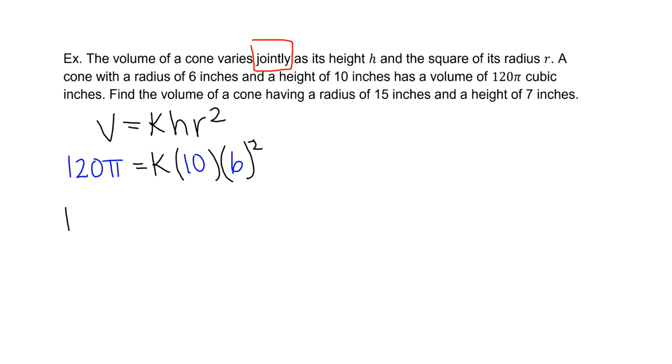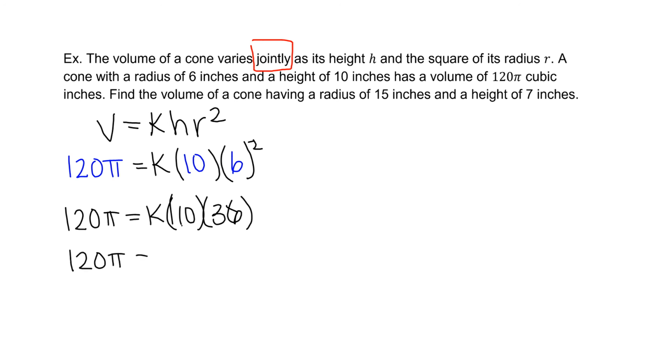So then we get 120 pi equals k times 10 times 36, which gives us 120 pi equals, and then 10 times 36 is 360, so we get 360k.